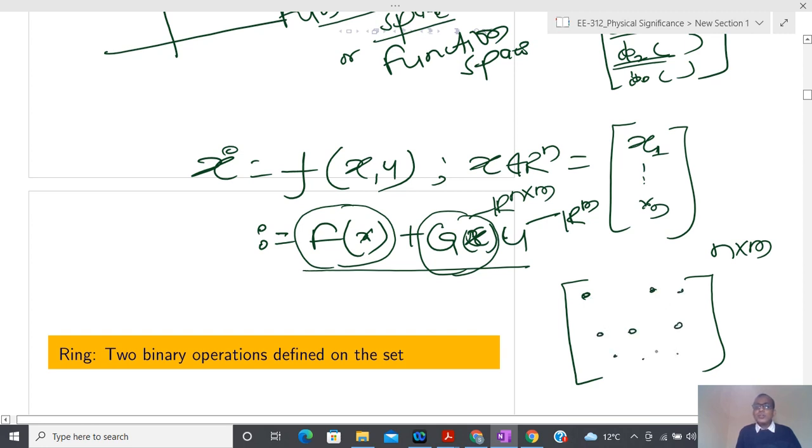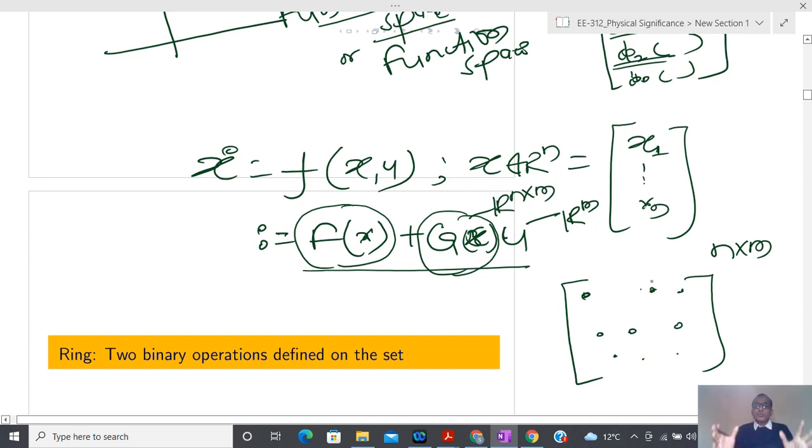So what we have observed here is that if I try to draw the space of this g(x), then that is a combination of matrices, so a matrix space, and whatever entries are in the form of functions.